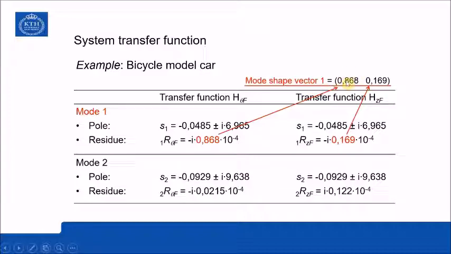In this case, you can see that the first, in this case it's the rotation angle, is larger, a factor, let's say a factor 5 larger than the translational degree of freedom. And they have the same phase, so they move in phase.